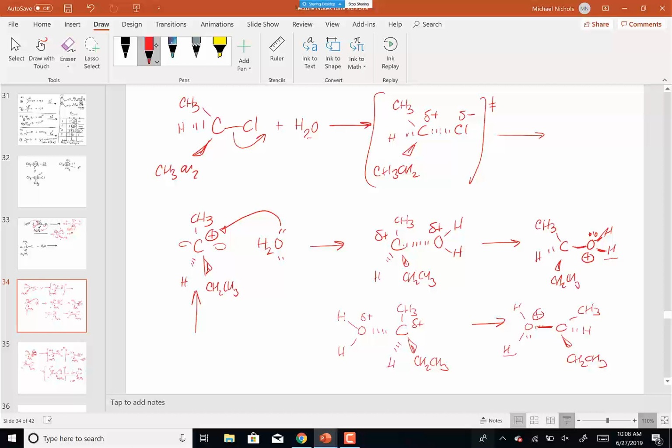So when the OH comes in, it's going to come in the plane of the paper from the left or the right. When it's all said and done, I've got two bonds in the plane, one behind, one forward, so that we can do our R and S and get the tetrahedral geometry.